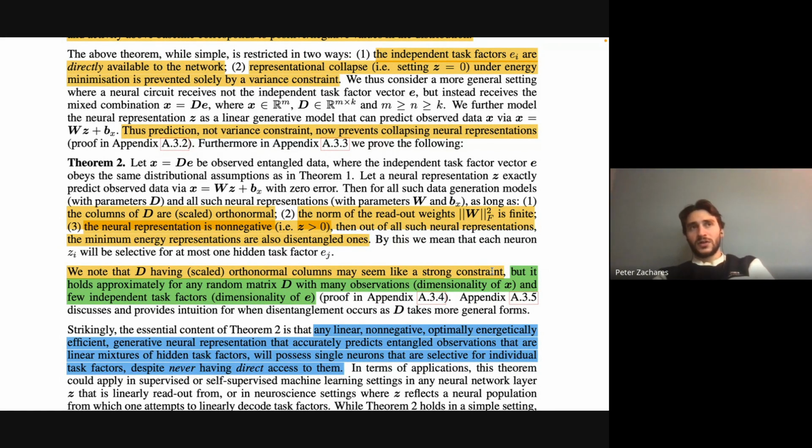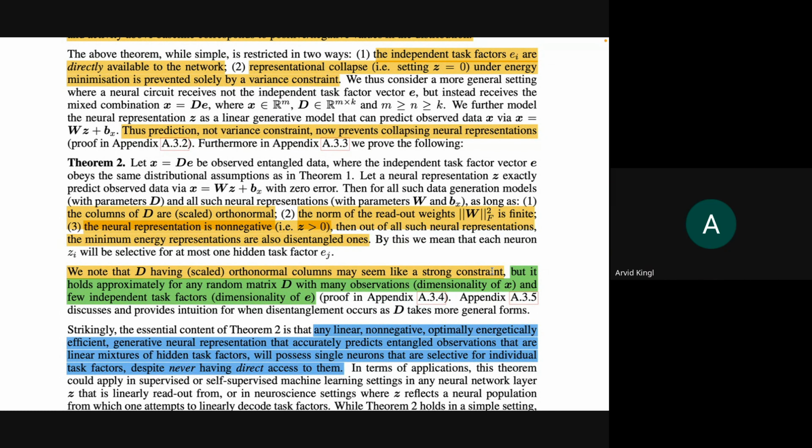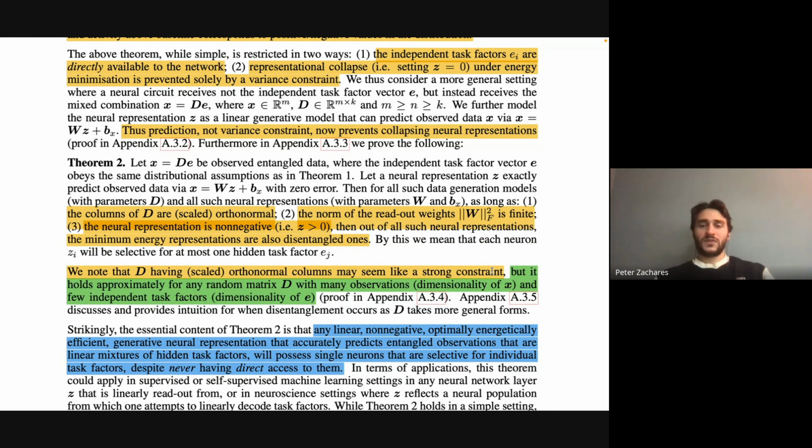If you say that the neurons are just a set and not an ordered list, then the previous studies of disentanglement, where each neuron is only supposed to pick up on a single task factor, would be a unique solution. But here, disentanglement to them doesn't matter if multiple neurons pick up on the same task factor. It's just that each neuron should only pick up on a single task factor. Yep, so it's built into the definition of disentanglement, the way they've defined it.